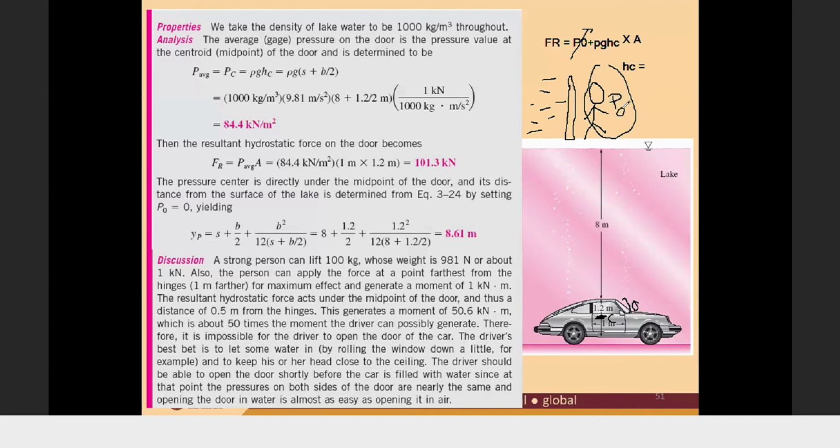So P naught times A cancels out with P naught times A at this point. That's why this is neglected. So you get this FR.